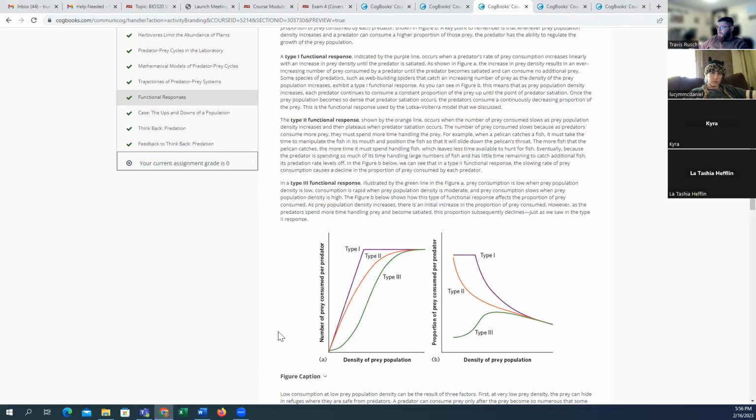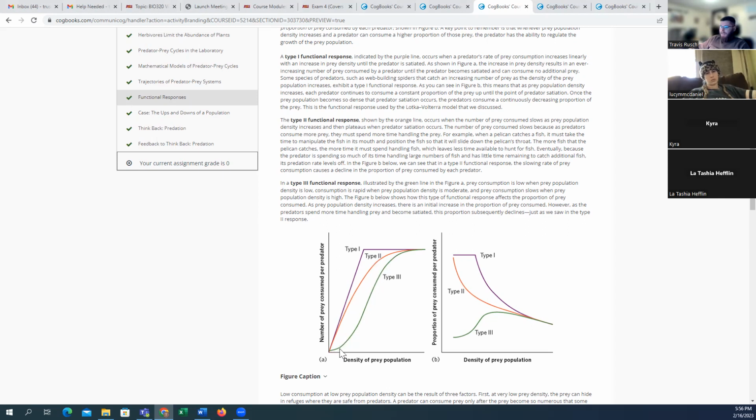The consumption is rapid. Slow to start and slow to finish. Yeah, so when the density of the prey is low, the number of prey consumed is low. So it's not a very efficient predator at low levels of prey. But once the prey reaches a certain level, it increases its consumption.